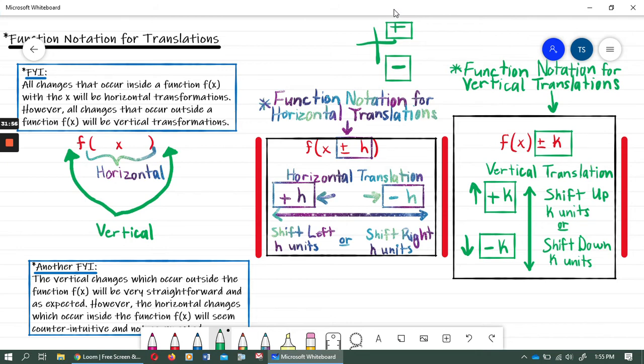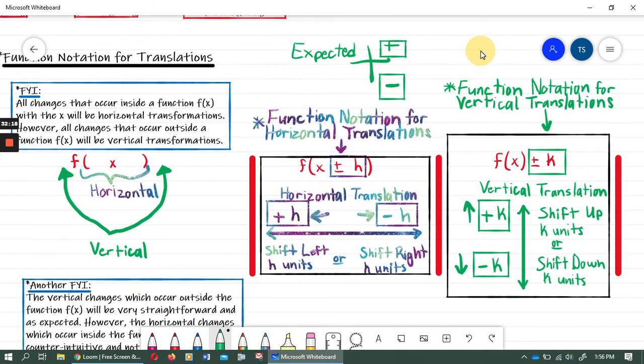As far as the y values, for the vertical component, you expect positive to be up and negative to be down. So again, guys, I've told you that those vertical changes are very much so straightforward. It's exactly the way you would expect it to be for the vertical changes.